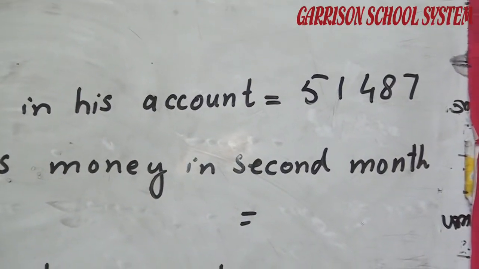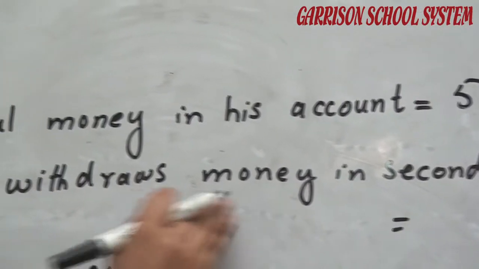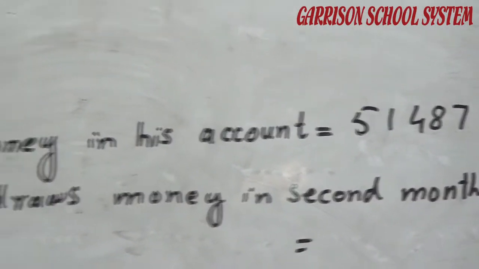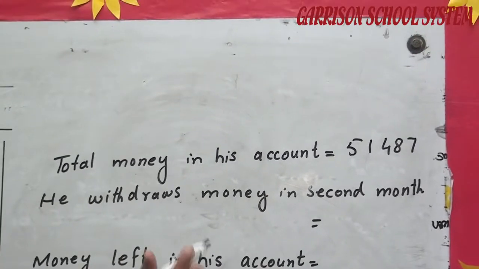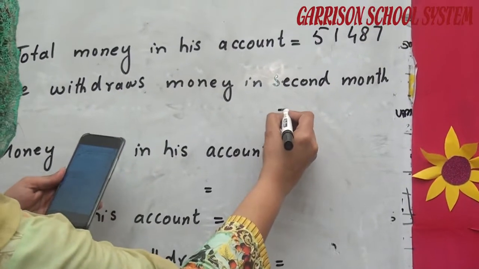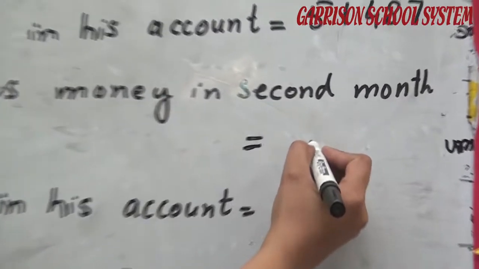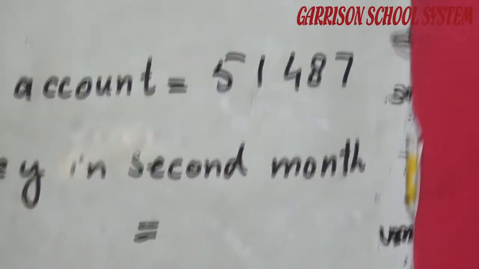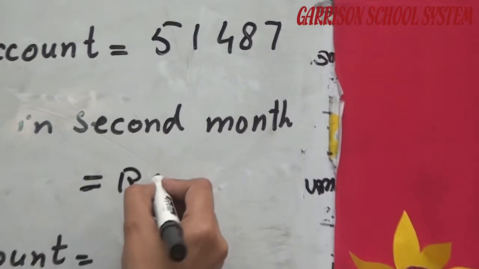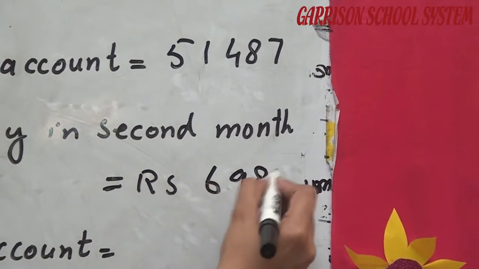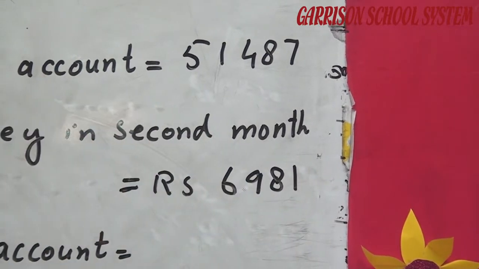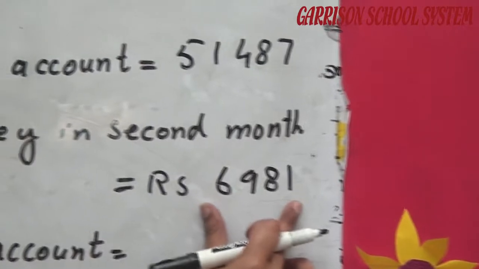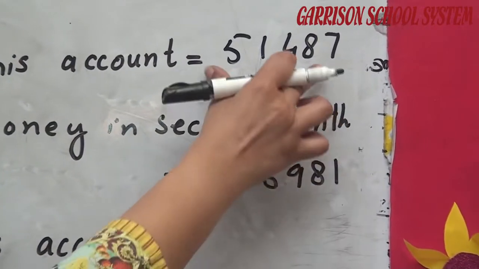After that, he withdrew money in the second month. How much money did he withdraw? In the book, the money is given. He withdrew rupees 6,981.